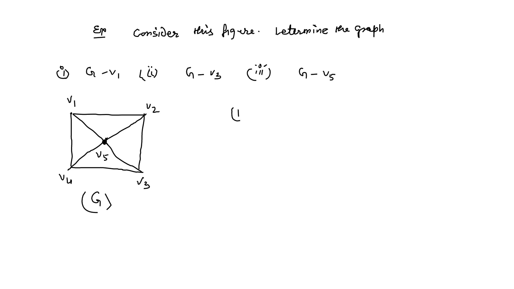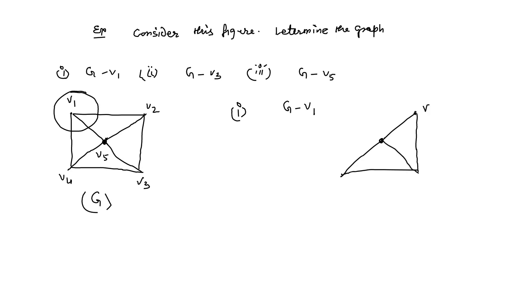And first, the first part is G minus V1. So we remove this vertex. When we remove this vertex, we have only four vertices. So we draw this type of graph, with V2, V3, V4, and V5.